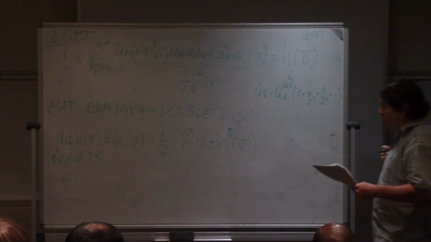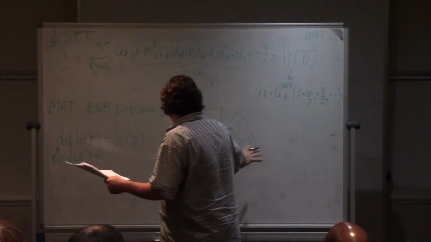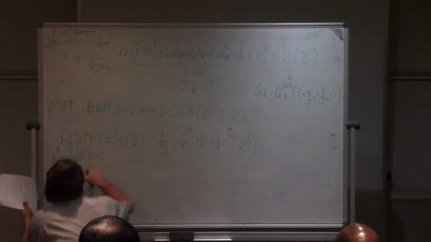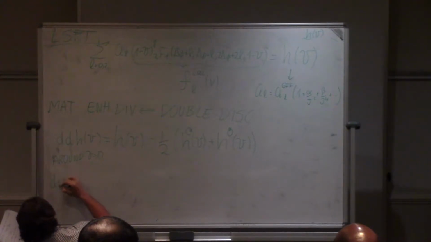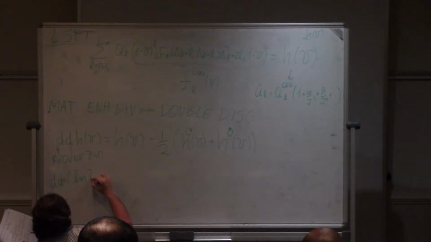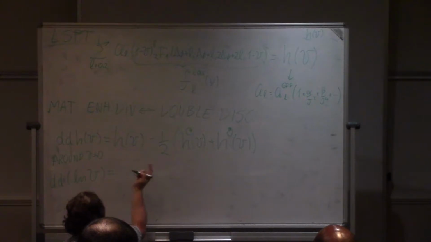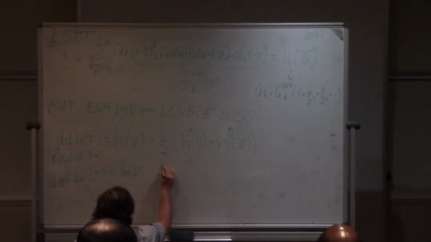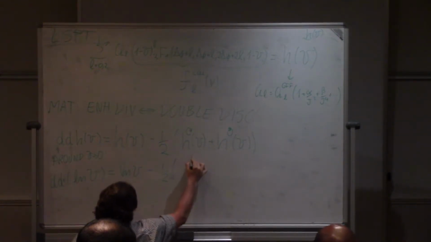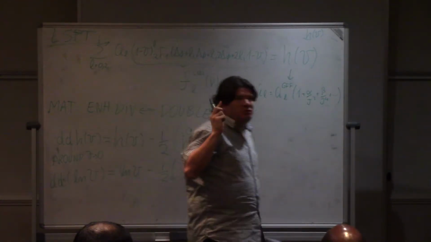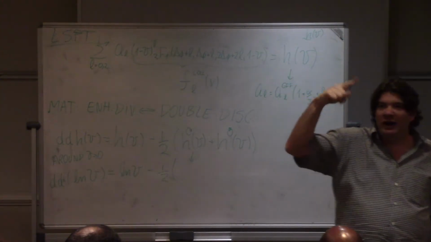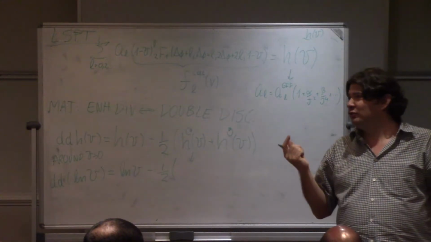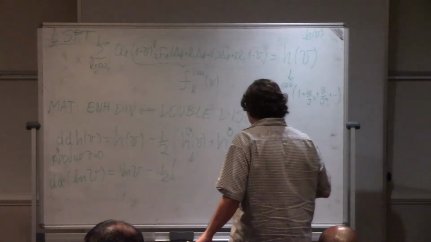Let's give an example so you see how you calculate this. Imagine that h of v, we want to compute the double discontinuity of log of v. Well, h of v is just log of v minus 1/2. Now, do you remember the discontinuity of log of v as you go around 0? It is 2 pi i, absolutely.